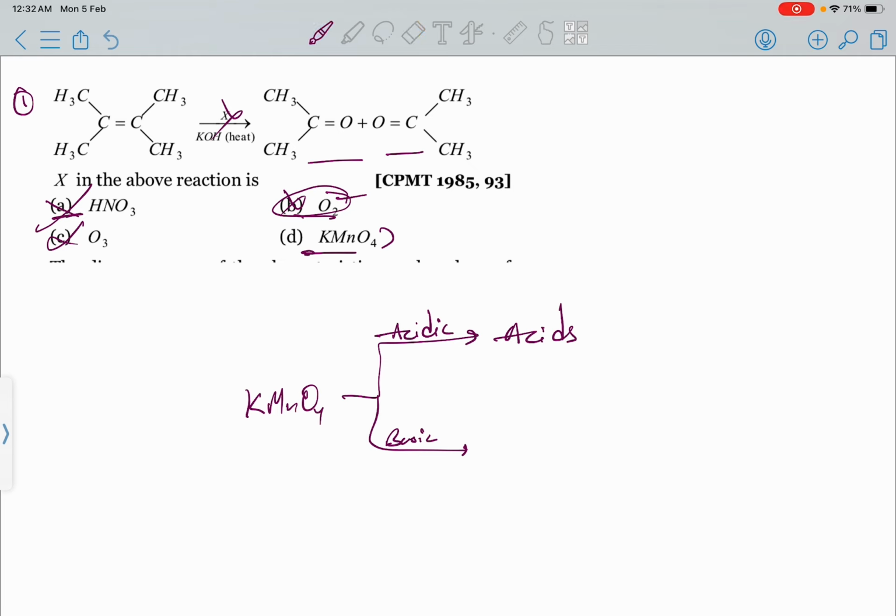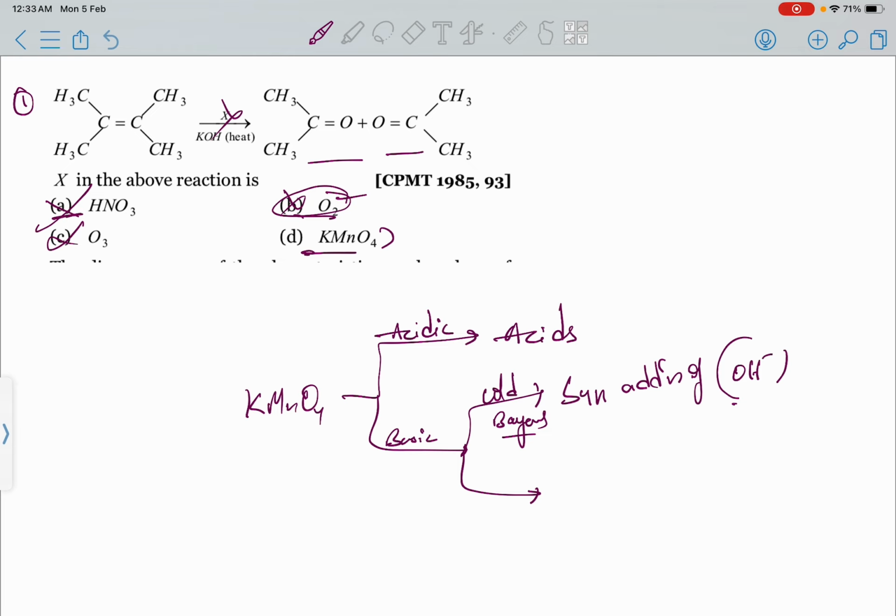If it is in cold basic solution, what is cold alkaline potassium permanganate called? Dilute cold alkaline potassium permanganate is called Bayer's reagent, which leads to the syn addition of OH minus ions, which will lead to the formation of diols.